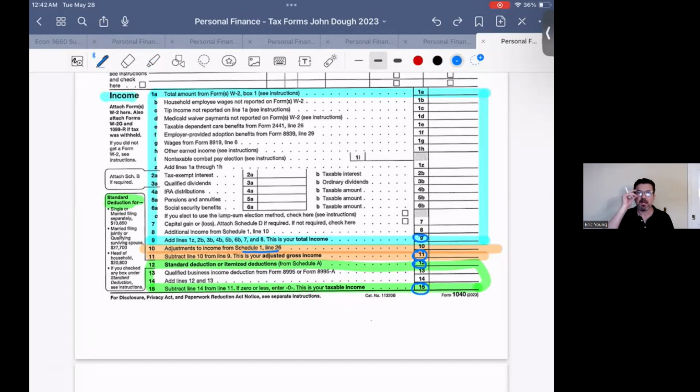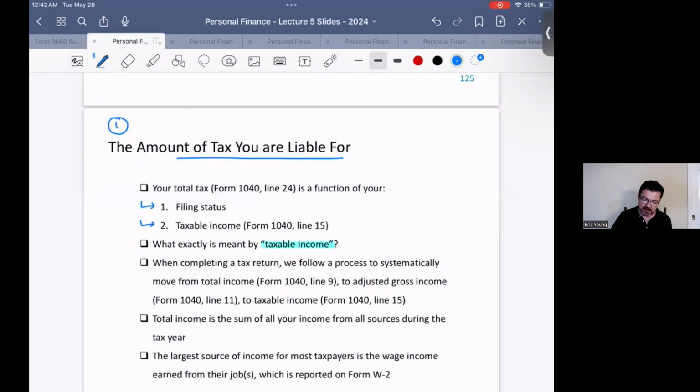taxable income. It is very common, if you structure your tax affairs correctly, to have a taxable income that is far lower than your actual income. And that's a good thing, because again, taxable income, this is the basis for your tax liability.